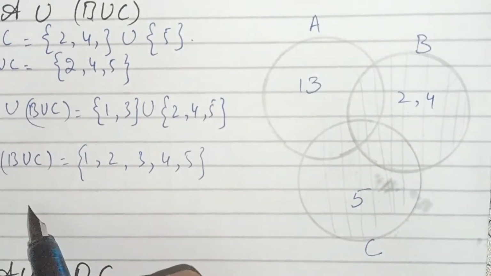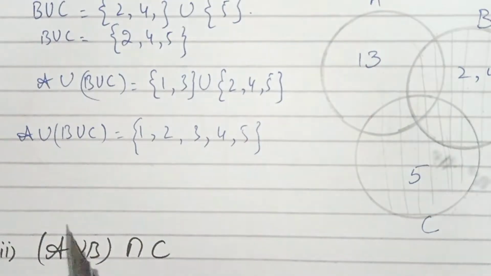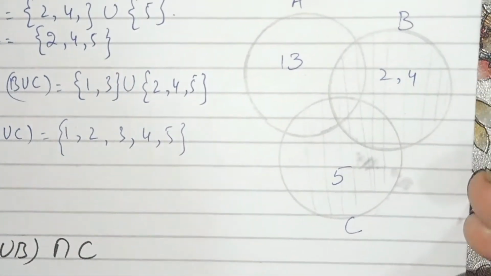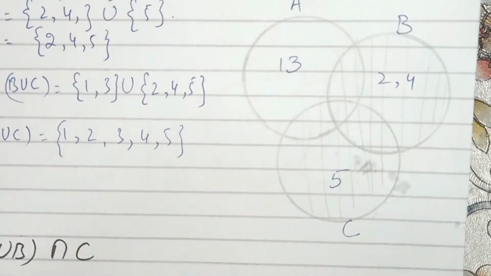Now, students, in the next step, we have to represent A union B union C. We have to represent it by the horizontal lines.